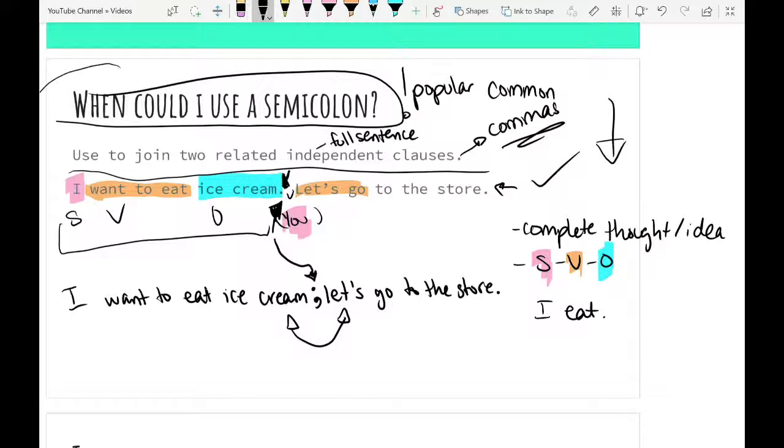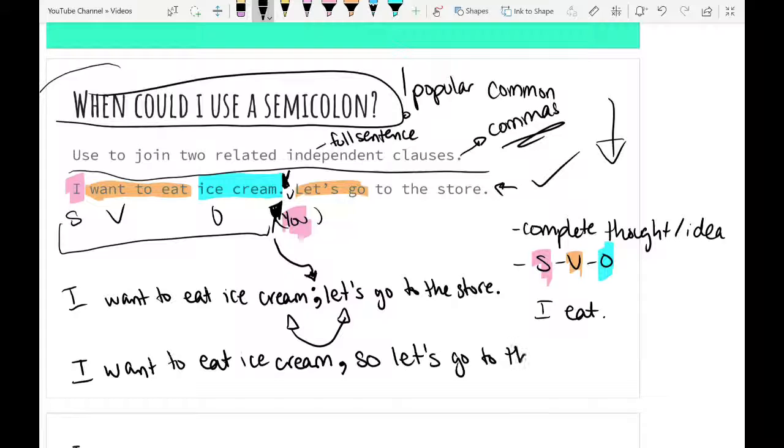It's going to be used in lieu of a comma and a coordinating conjunction or a period. What do I mean by a comma and a coordinating conjunction? I could also write this sentence saying, I want to eat ice cream, comma, coordinating conjunction, so, let's go to the store.